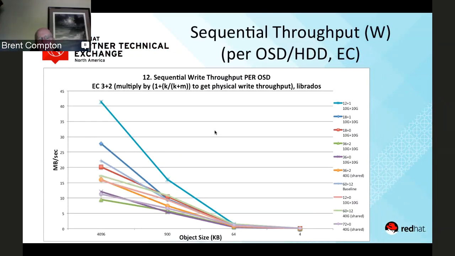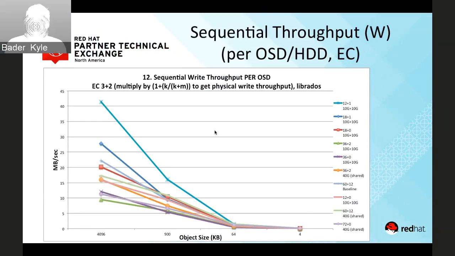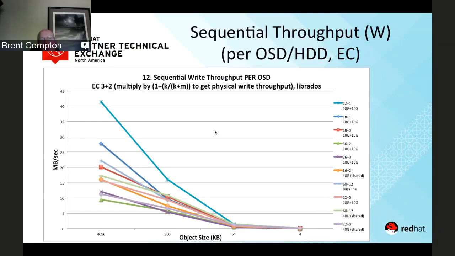Why has the spread shifted up when we use erasure coding instead of 3x rep? Why are we seeing increased throughput on erasure coding, or why do we see more variance between the configs with erasure coding? The former. Why are we seeing, in general, more sequential write throughput per OSD?